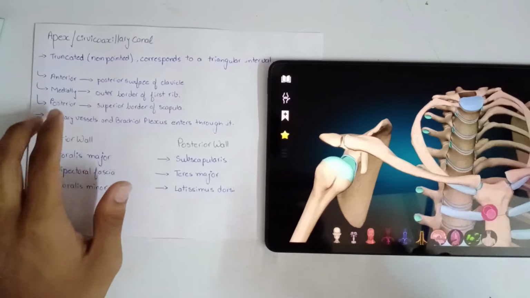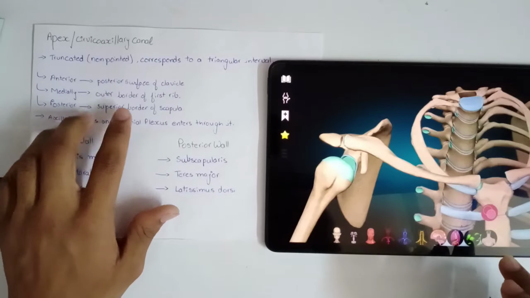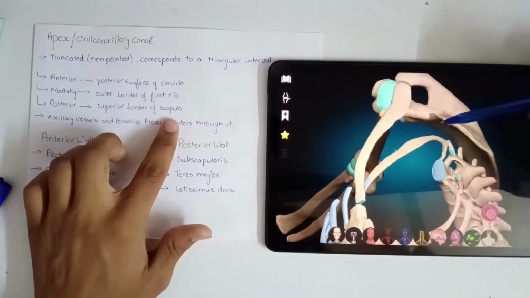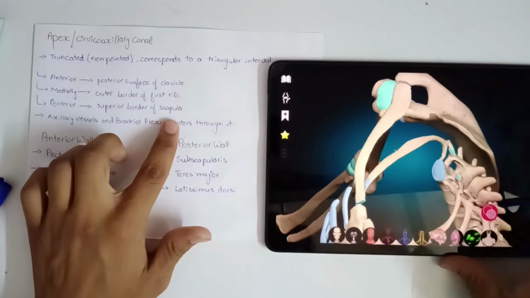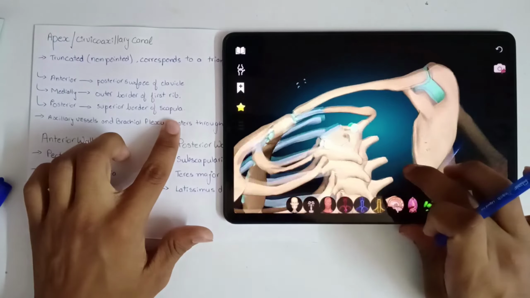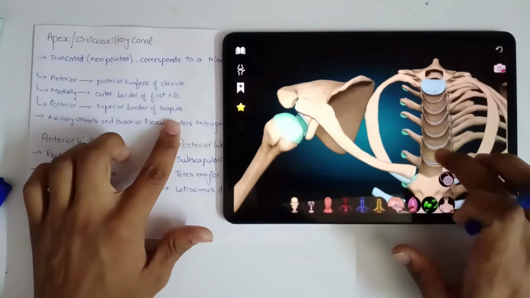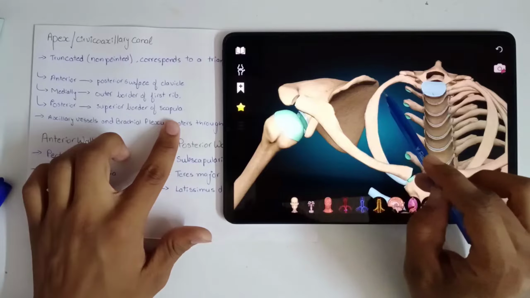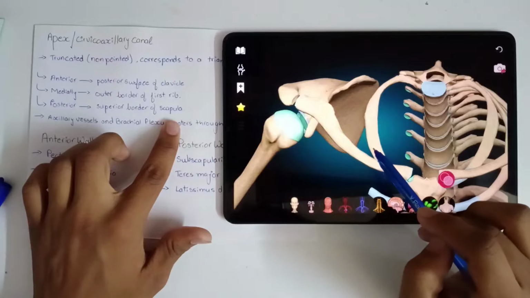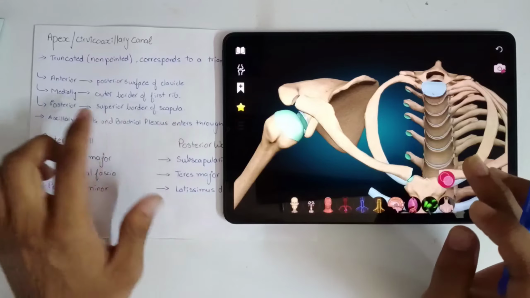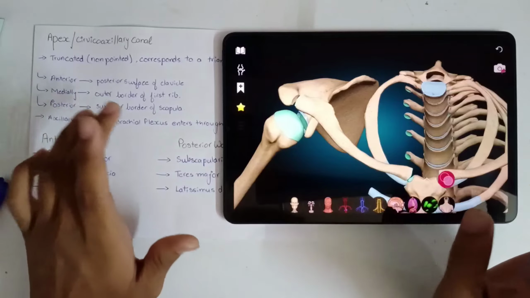And posteriorly, by the superior border of the scapula. Let me show you once again. This is the superior border of the scapula, the outer border of the first rib, and the posterior surface of the clavicle. It forms the cervico-axillary canal.